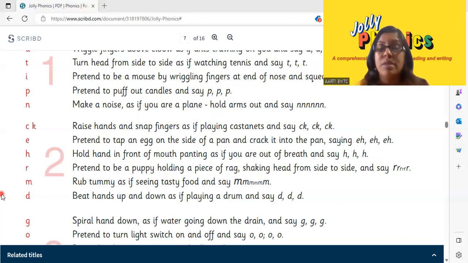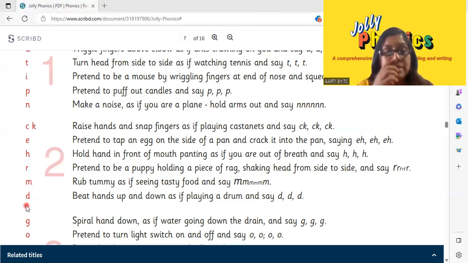That is the sound of letter M. Mmm, my mouth is closed. There is no more. It is letter M, very simple, and the sound is because it's very yummy. So that is the sound of letter M.